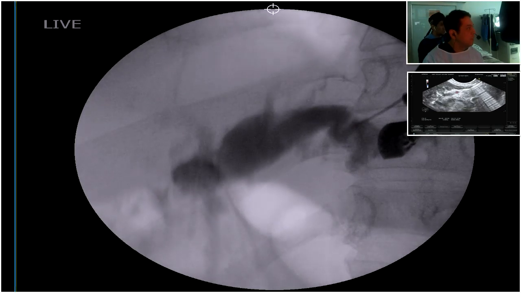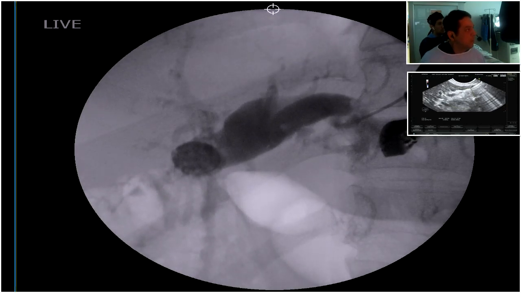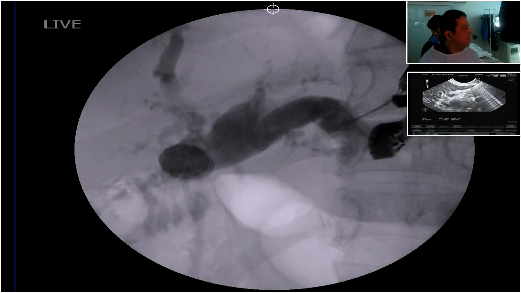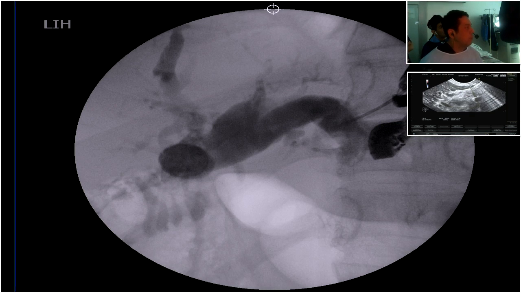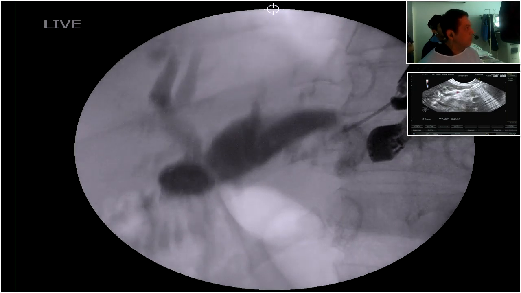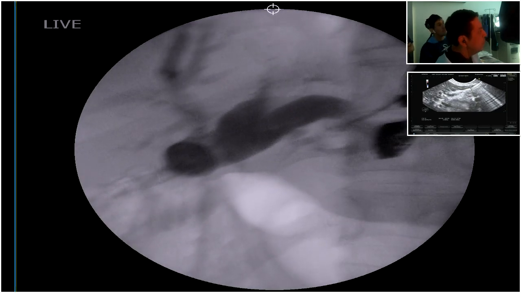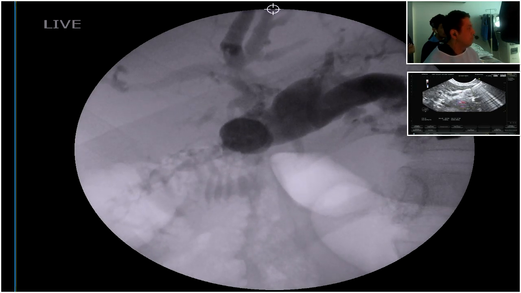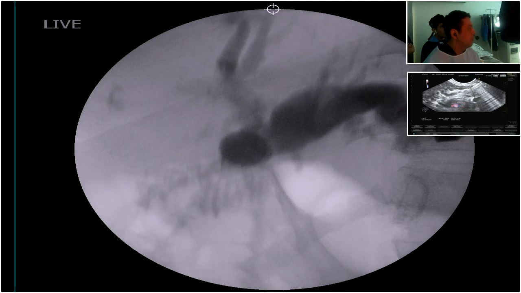So you can see. Okay, there is a pass of the contrast inside the small bowel. Photo. As you can see here, there is a very good pass of the contrast. So the problem is not there.